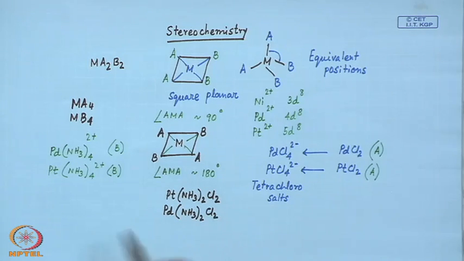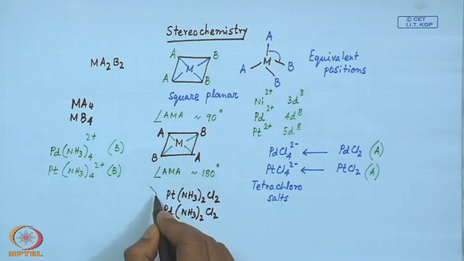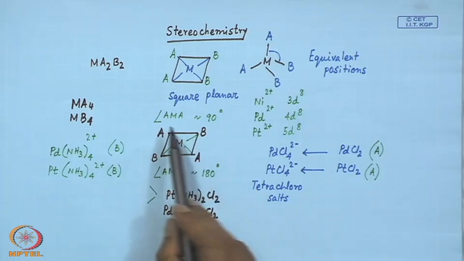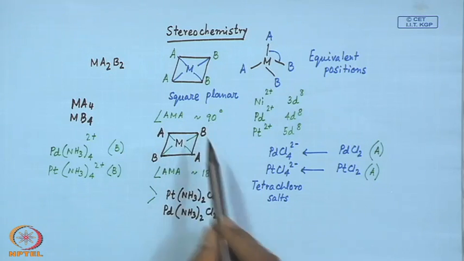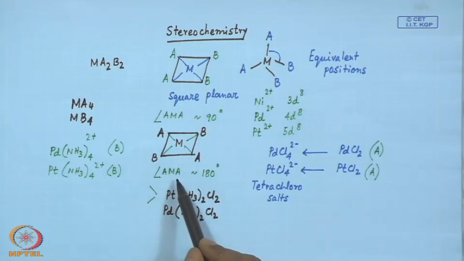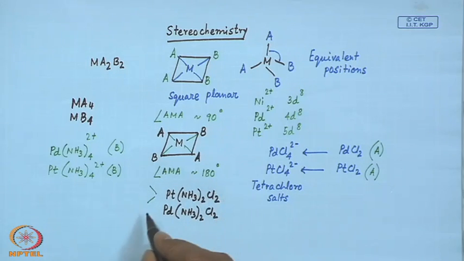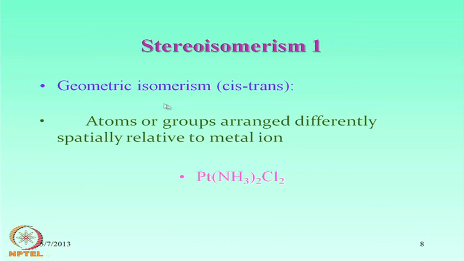So, these are all MA2B2 type of compounds, and therefore we can have two different types of isomeric forms, where one has the same type of ligands forming a 90-degree angle, and in another case the same type of ligands form a 180-degree angle. So, we can have two different types of isomers, which are known as geometric isomers.